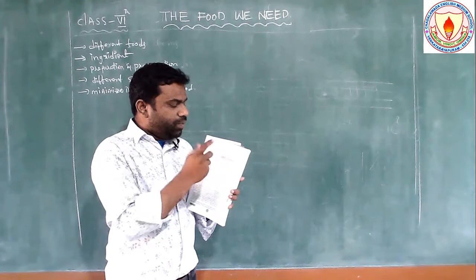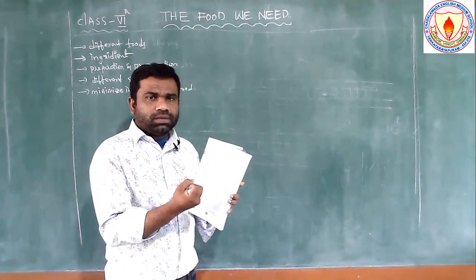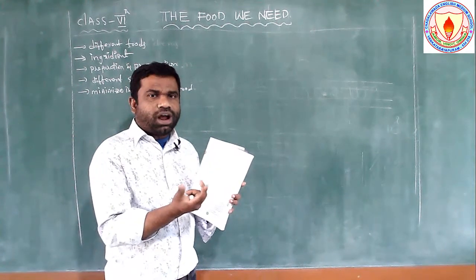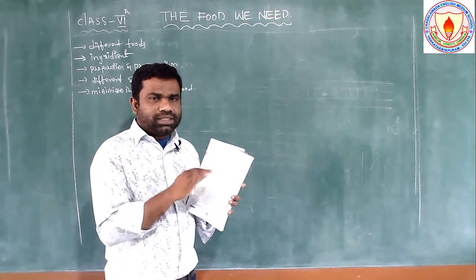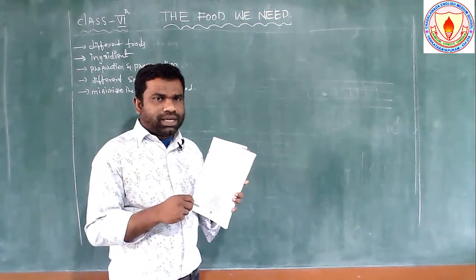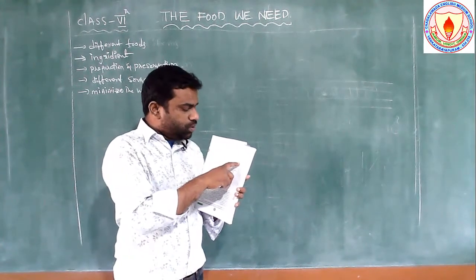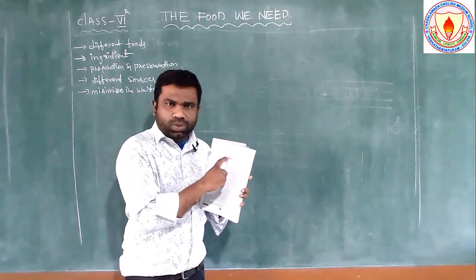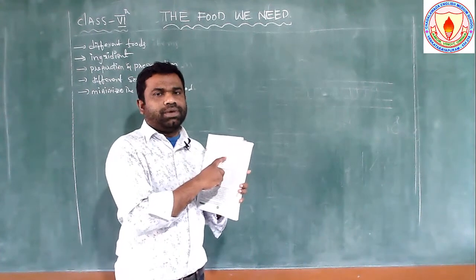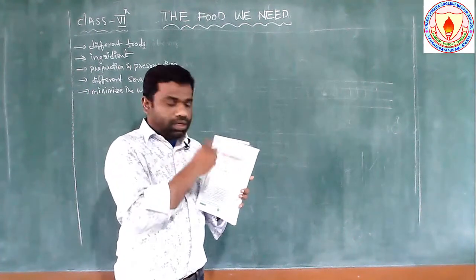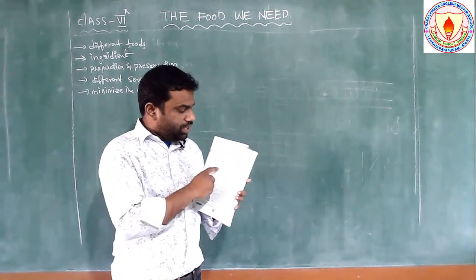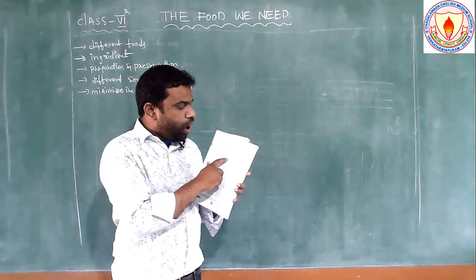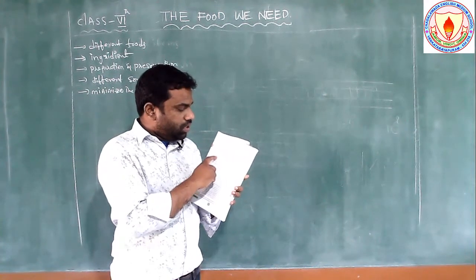Cultivated by the farmers. Okay? So from the plants we are taking raw rice, and by using this raw rice we are preparing the cooked rice. Next, water also. Yes or no?